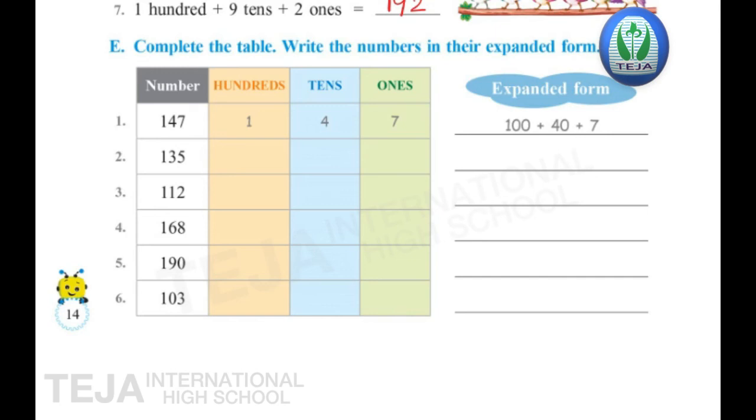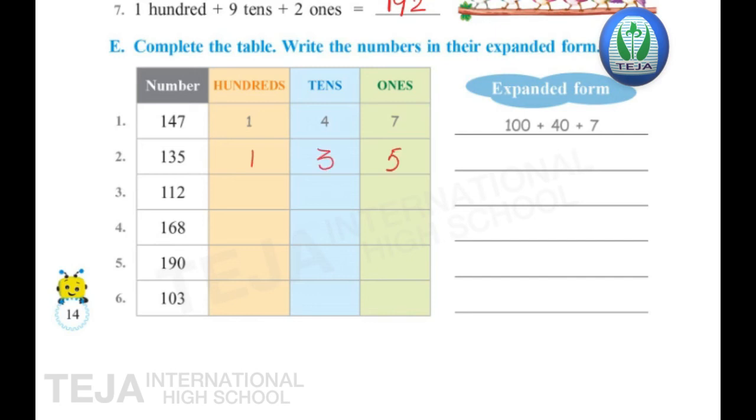Okay, children, now second one will do. See, second question is 135. 135 will come from last to first. Here the last digit is 5. 5 is in ones place.